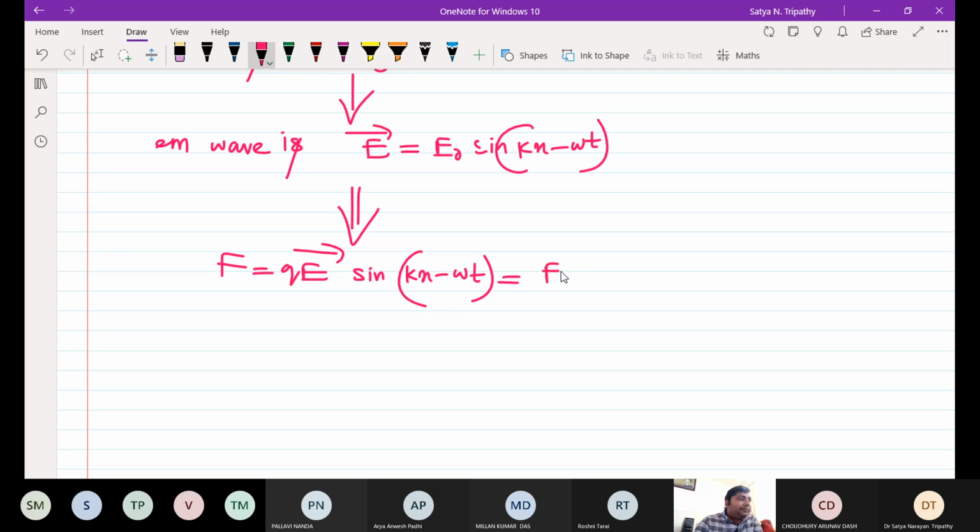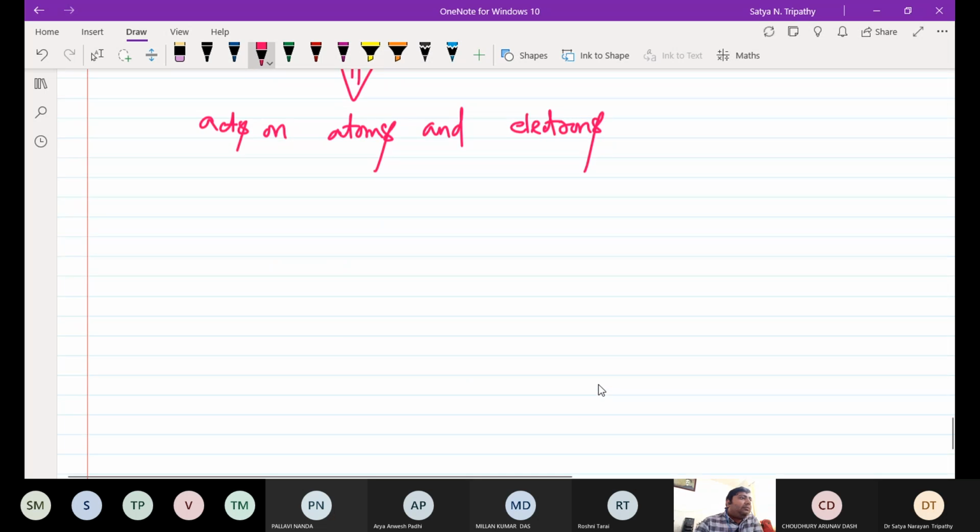So when electromagnetic waves travel inside a medium, there is a force. This force acts on atoms and electrons. Next, the electrons and atoms are connected. They are a spring mass system.